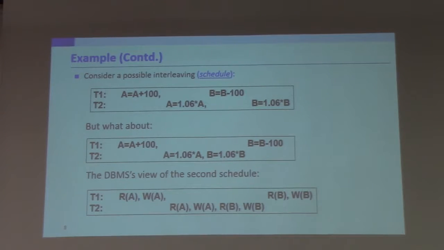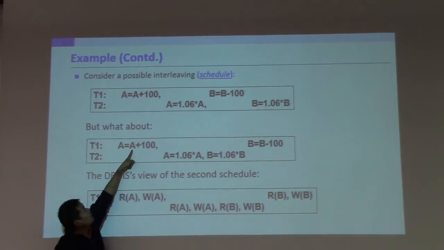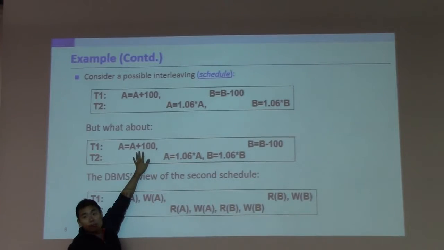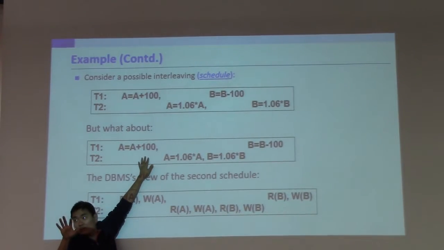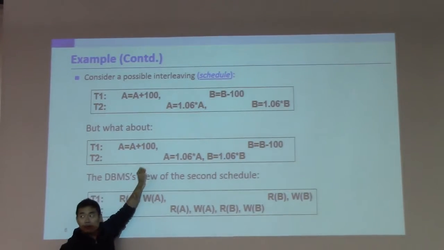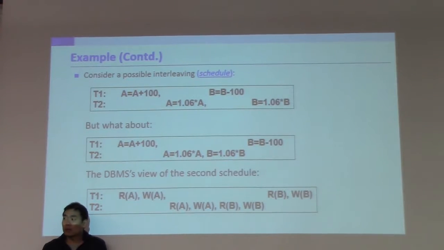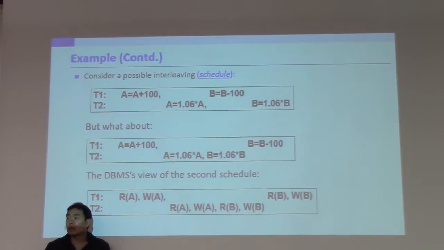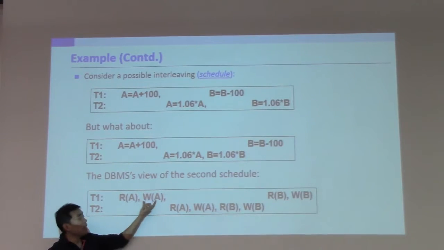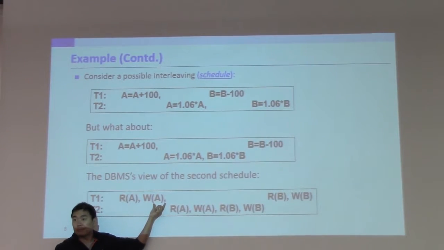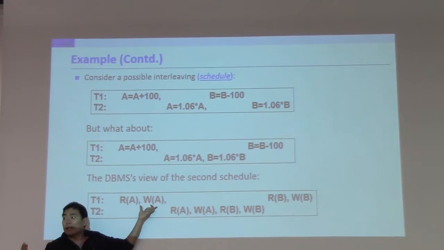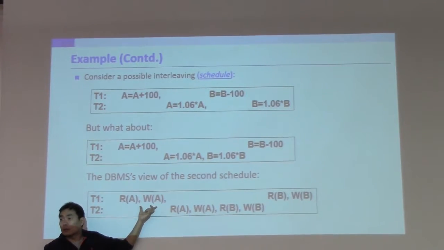Whether it's moving $100 away from the account or giving 10% interest, irrelevant. From my point of view, all you are doing is you read the value of A, you do something about it that I don't care. That's done in the buffer manager, a CPU instruction executed against a page in my buffer, and then you come back, ask me to write the value of A. Whether you add $100 or add $1 million, irrelevant.